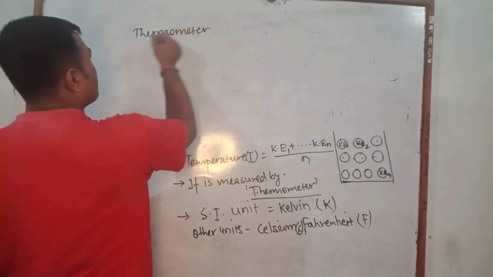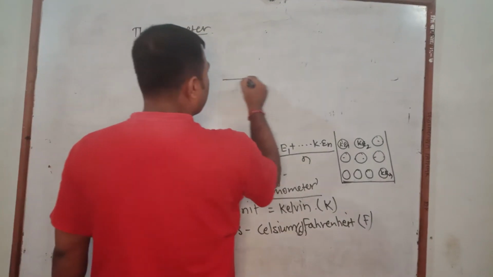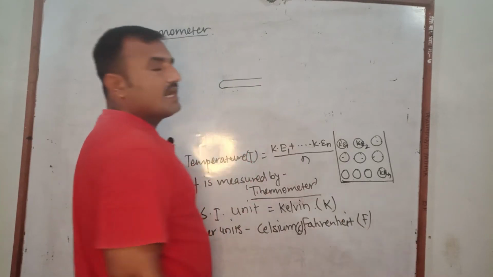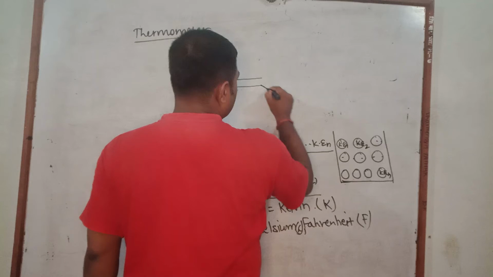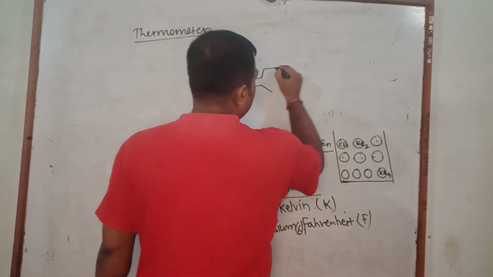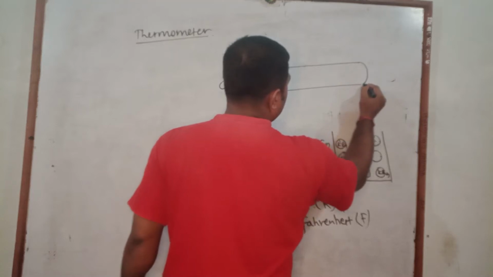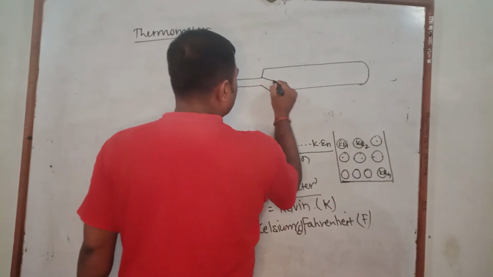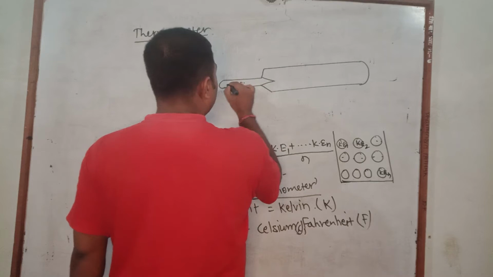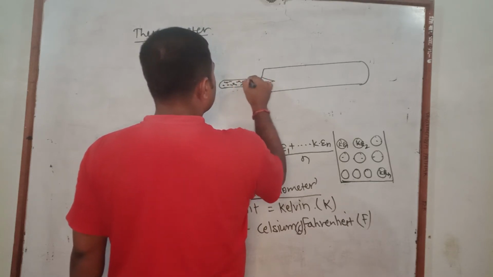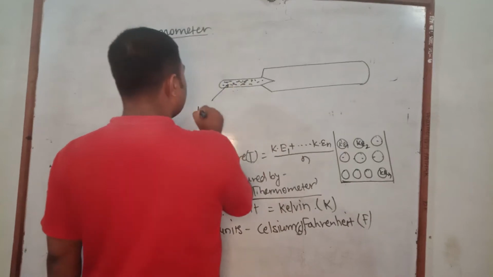A thermometer is made up of a cylindrical or prismatic glass tube having a bulb which is filled by a liquid known as thermometric liquid.